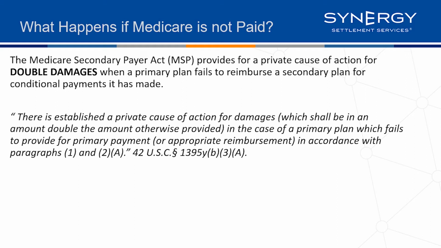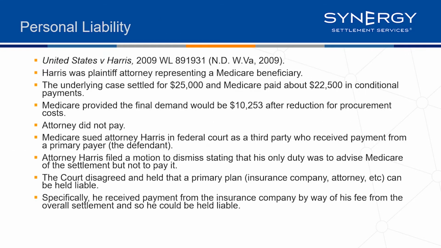This is found in Section 1395y(b)(3)(A), which states that there is a private cause of action for damages, in an amount double the amount otherwise provided, when a primary plan fails to provide for primary payment or appropriate reimbursement. There's no doubt that Medicare takes its reimbursement seriously.